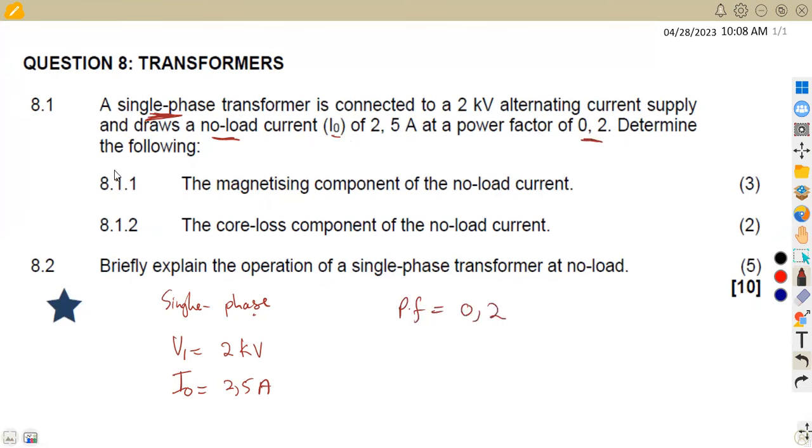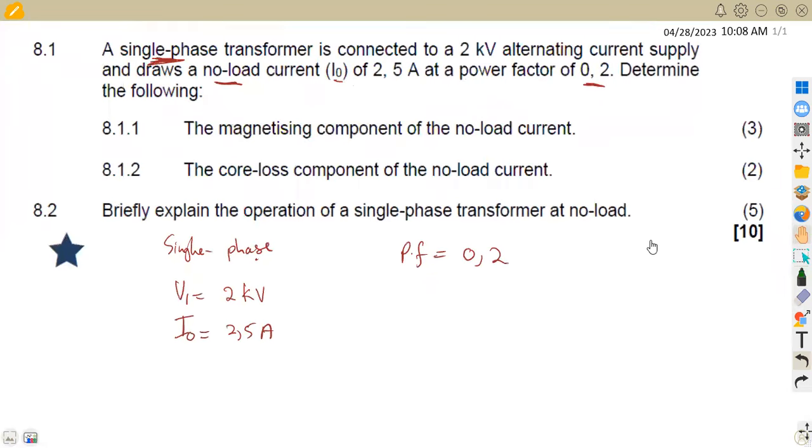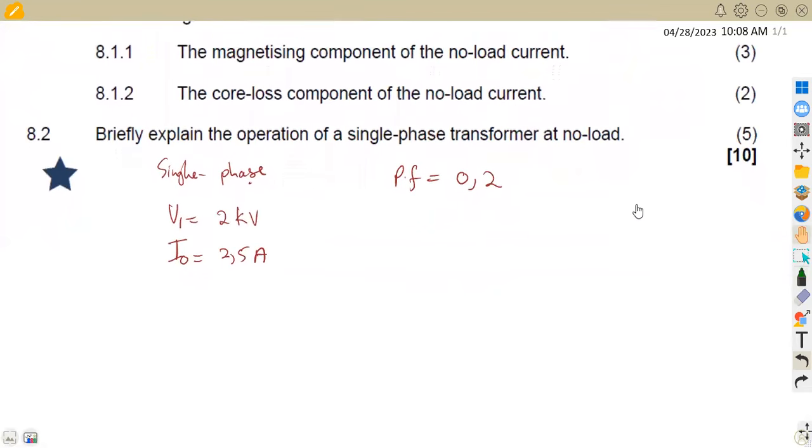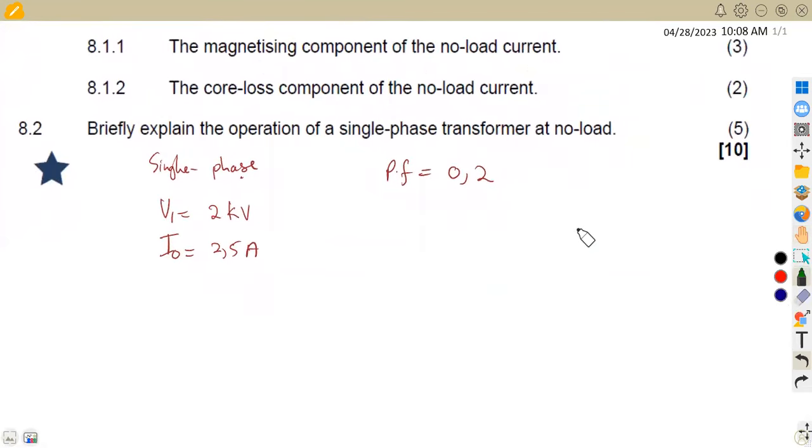Okay, so take note, from our presentation, we are supposed to have our diagram of the no load as follows. Let's just have it here so that we can understand some of these basics. Remember that we are going to have here our voltages.